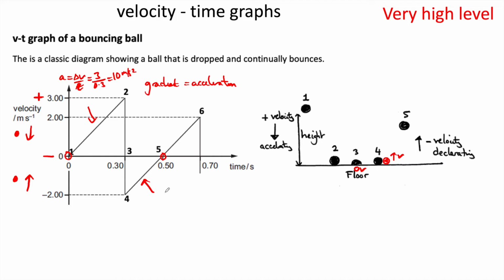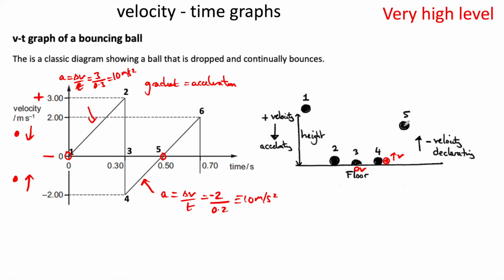So you can see that is equal to change in velocity over time. The change in velocity is 2 and it's minus 2, and the time taken is 0.2, and you can see that's minus 10 meters per second squared. It's minus, meaning it is slowing down, it's decelerating.